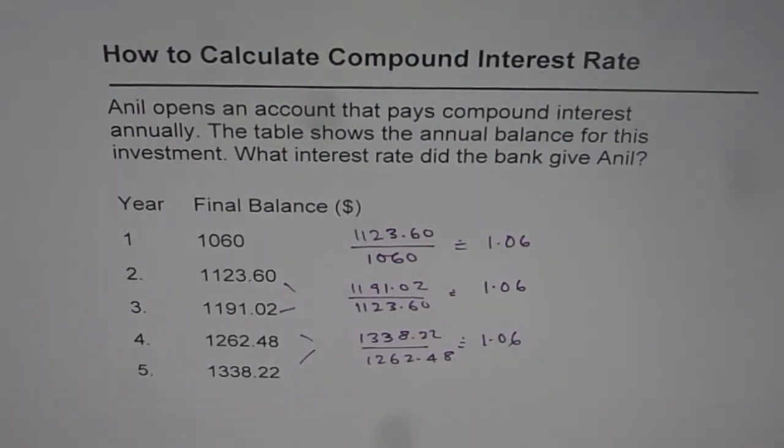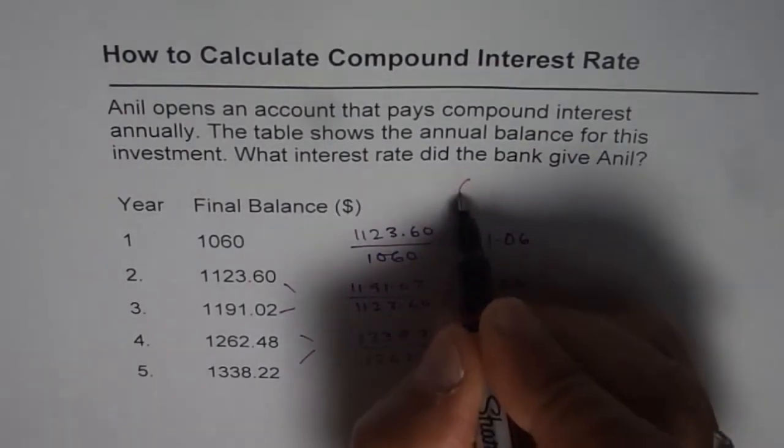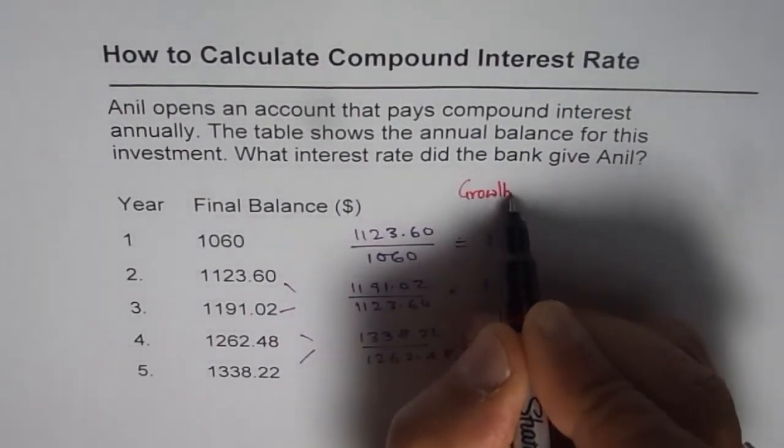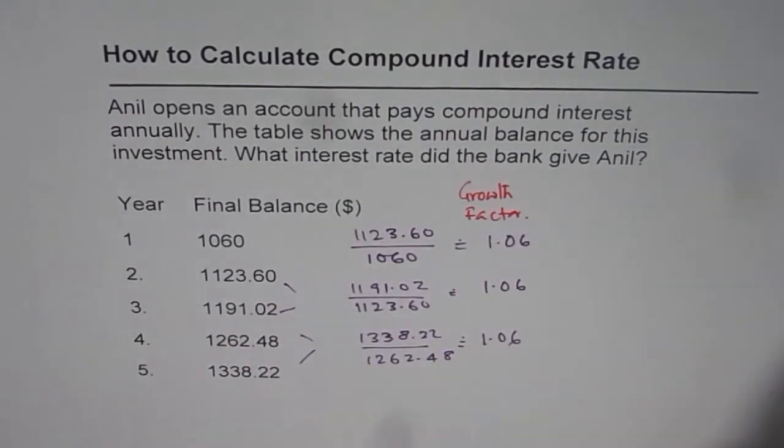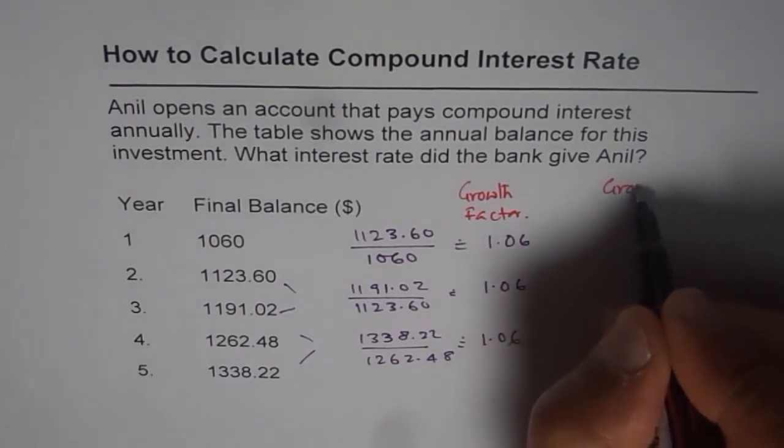That's why I'm not showing you the values from the calculator this time. What we notice here is that when there is compound interest, the money grows geometrically and there's a growth factor. So 1.06 is the growth factor. Let me write down here: growth factor. Now we need to find the interest rate, which is basically the growth rate.